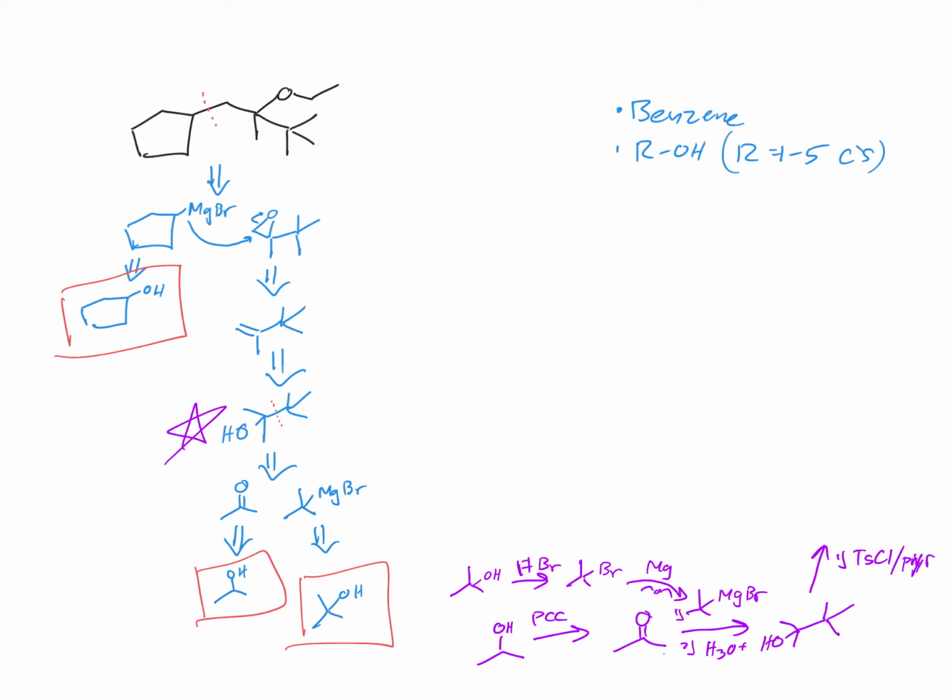That should be pyridine. And then I'm going to add a large base, just to make sure that I get no substitution here. And that should give me that alkene, and I can make the epoxide from that alkene.